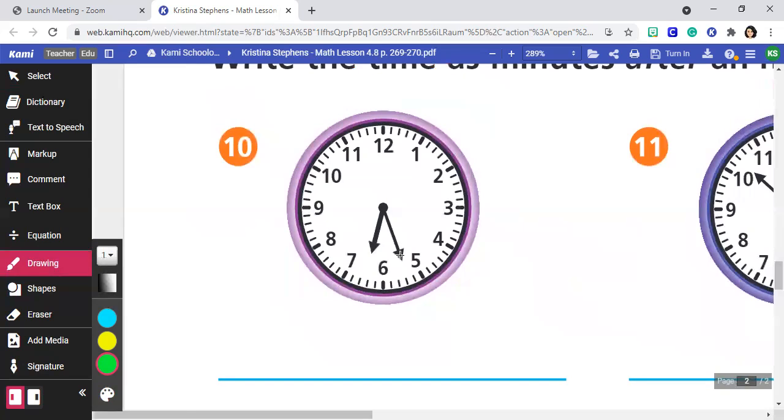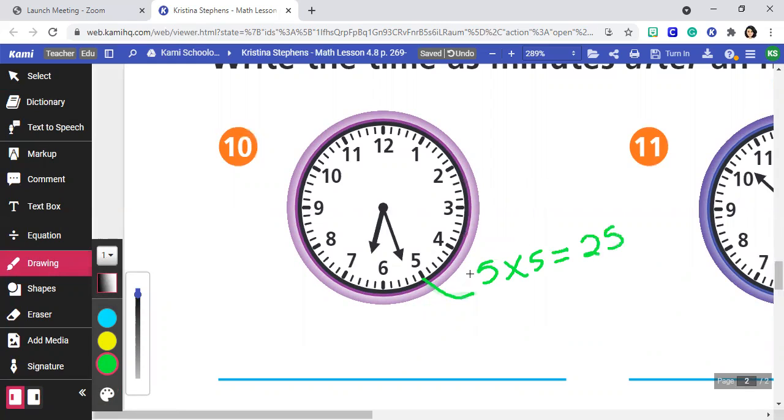So I'm going to find the nearest 5-minute marker point, which is right here. Because right here, I have a 5, I can think of this as 5 groups of 5, which is 25.